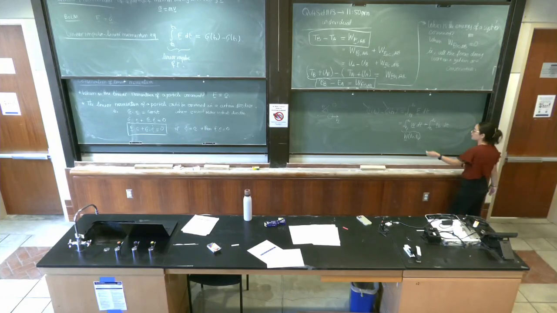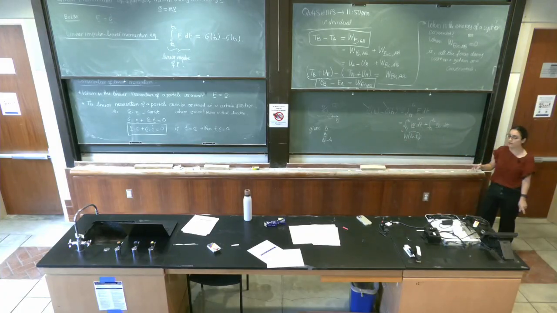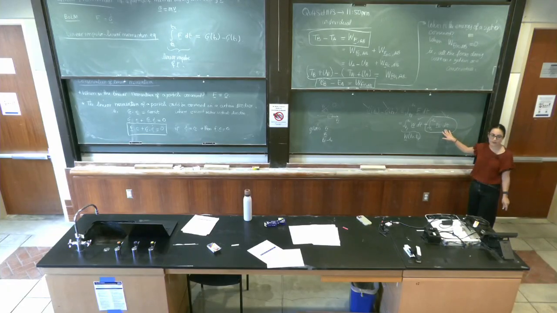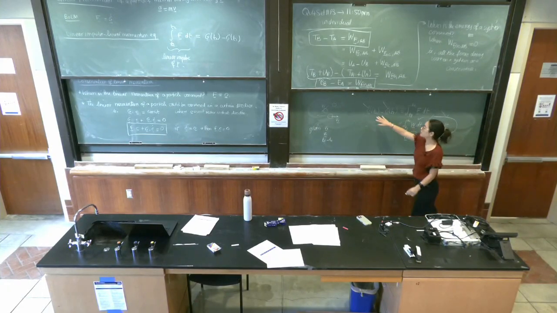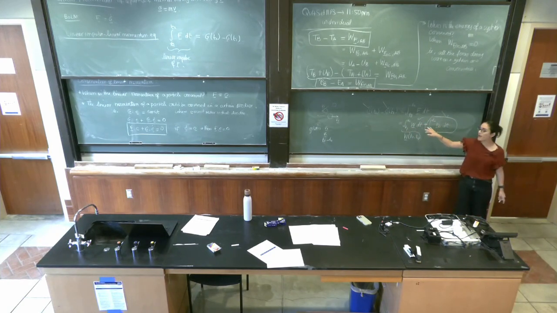So I'm assuming I'm given v1, v2, and t2 minus t1. Then I can calculate the impulse of the force from the bat, because I know G of t2, G of t1, and the impulse of the weight.